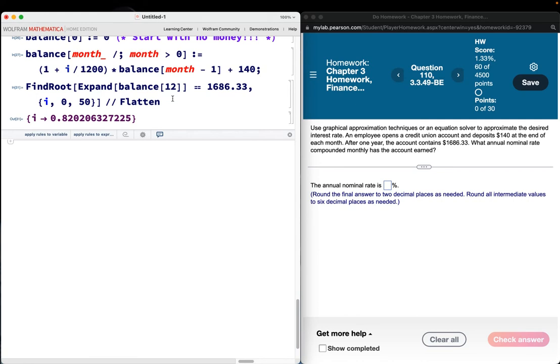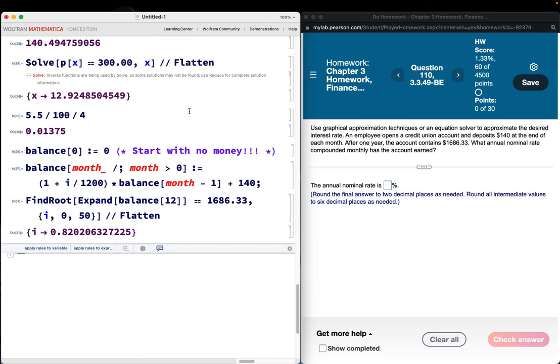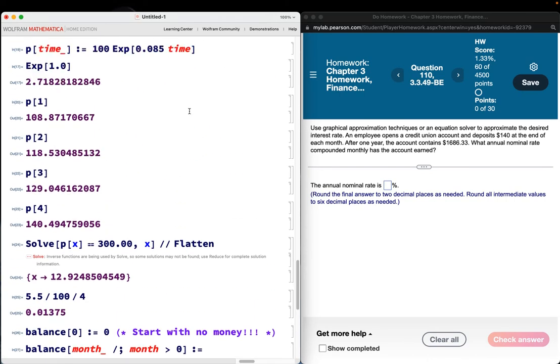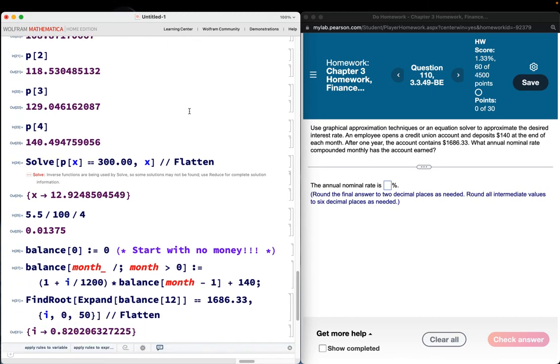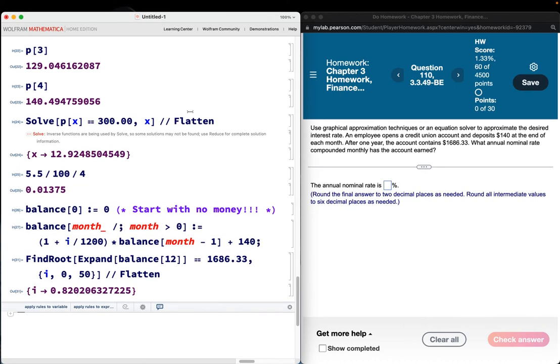Okay, so I'm getting I is equal to 0.8202. That seems pretty small. Hold on 1 second. Let me make sure. That seems really kind of small.